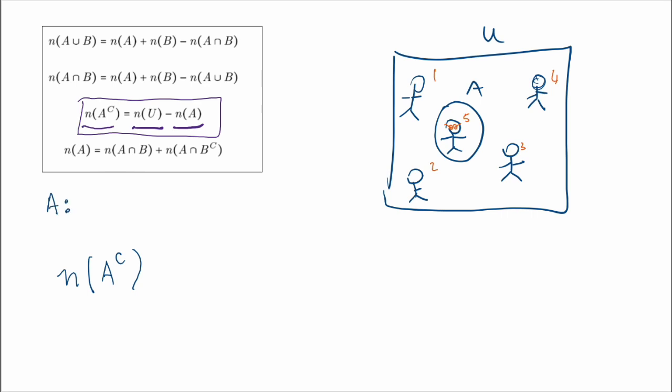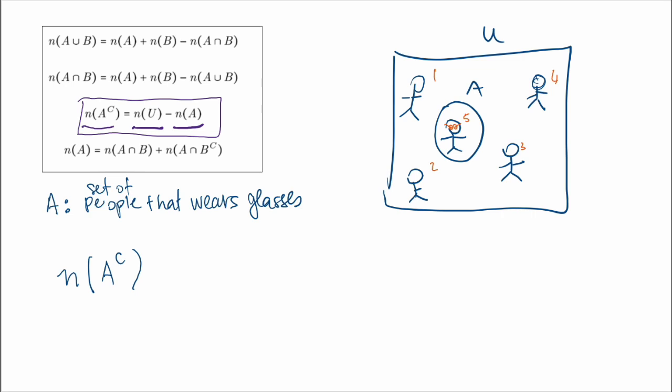So if A is the set of people that wear eyeglasses, A complement is the set of people that are not inside the set A, so they don't wear eyeglasses, okay?